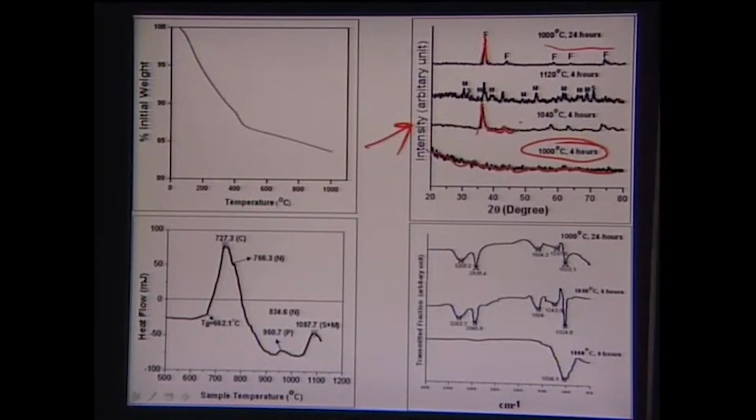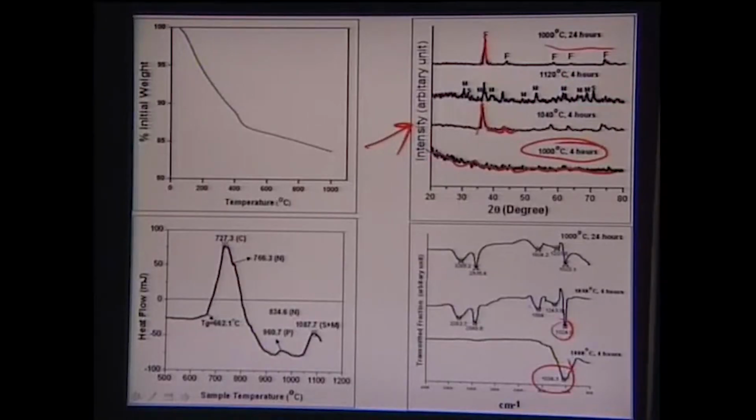This crystalline peak comes from the crystals that are formed during the heat treatment conditions. And from the FTIR also one can find that there are different crystal bands. At 1000 degrees Celsius for 4 hours, you can see that FTIR has only this particular band. Because of the presence of the crystals, these different FTIR bands are formed at different heat treatment conditions.